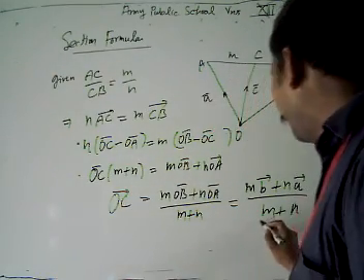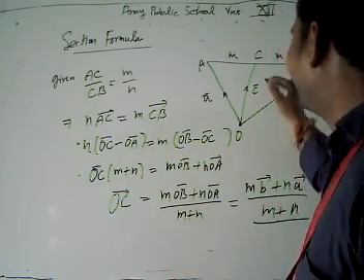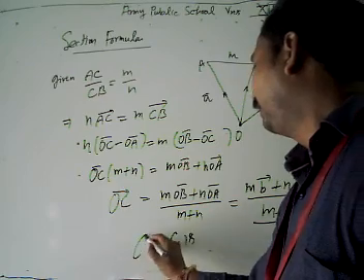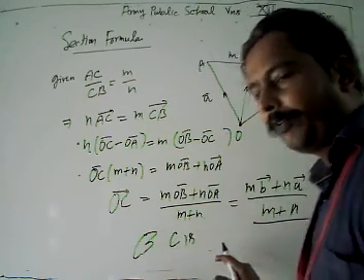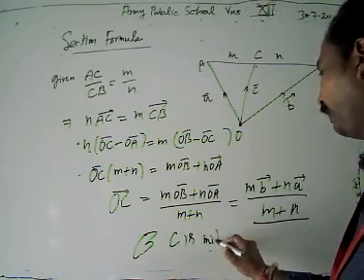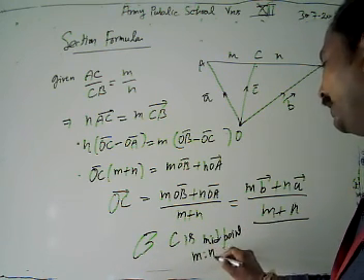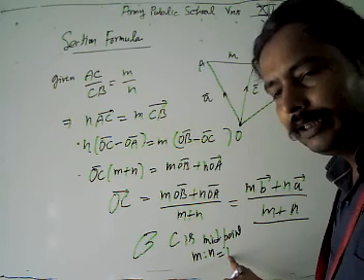From this section formula, now we are going to find the midpoint formula. Our C is the midpoint. Look, if C is the midpoint, then m is to n is 1:1, meaning m and n are equal.